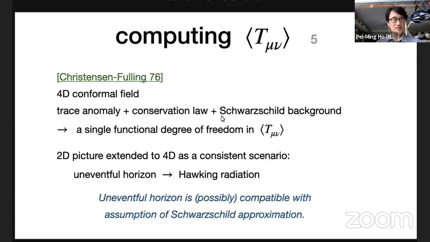And basically, there was no conflict with this picture. The picture they proposed is just that everything in 4D works out as in 2D. So you have Unruh vacuum, Boulware vacuum, and Hartle-Hawking vacuum. And then for the Unruh vacuum, for freely falling observers, you find an uneventful horizon, no drama at the horizon.